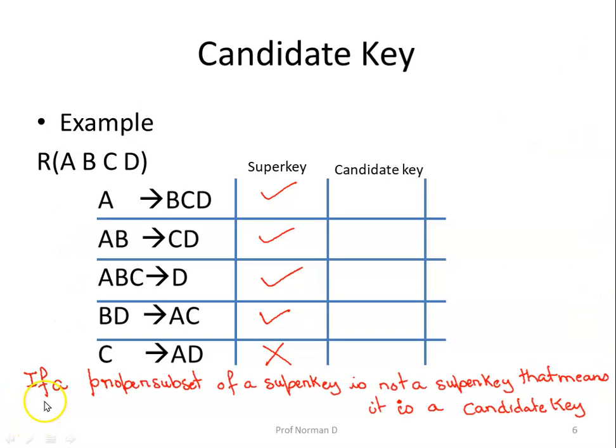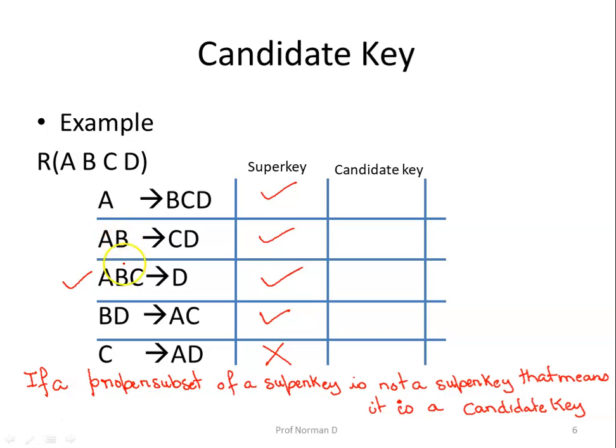Now we have a definition over here. If a proper subset of a super key is not a super key, that means it is a candidate key. So we'll apply this definition to the super keys to find out which are the candidate keys. We'll refer to this particular FD, A, B, C determines D. Now, which is a proper subset of this super key?